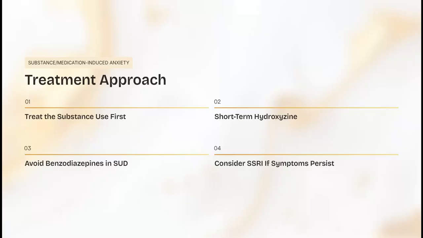If you are inpatient in treating someone with alcohol withdrawal, you're not going to do this from a clinic setting. So that is one time where you're going to see these benzos used for a substance, but not for just regular substance use disorder. If the anxiety symptoms persist past the clearance period, then you want to consider using an SSRI if the criteria is met for an SSRI.